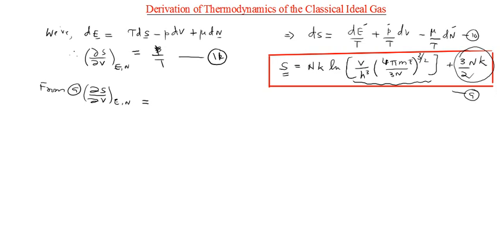Derivative of log x is 1 by x, so you have to use the function rule. N and k are constants, so I take them outside the derivative. So Nk into ∂/∂V of that expression. So I'm writing it like this.